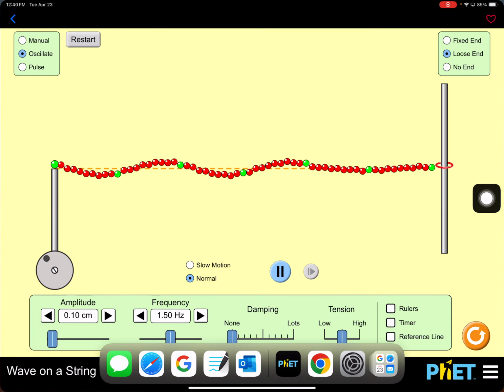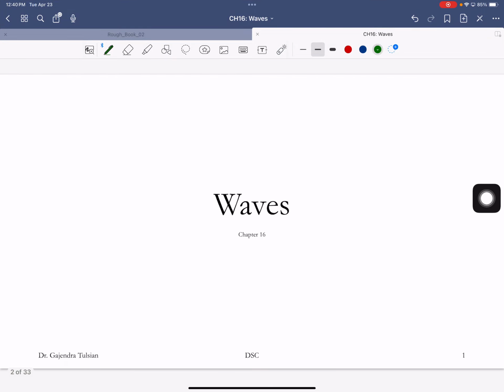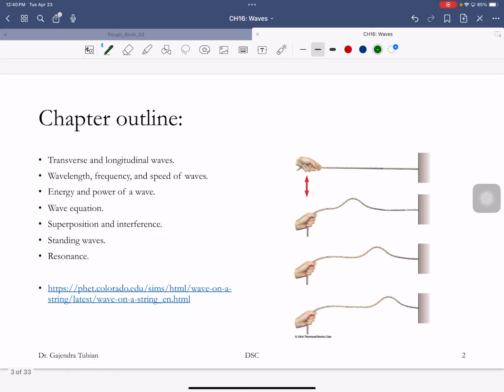Okay? And okay, so we'll come to the differential equation and stuff like that. Okay. So we'll talk about two kinds of waves, transverse and longitudinal waves. Here are some of the wave parameters that we will define: wavelength, frequency, and the speed of the wave.